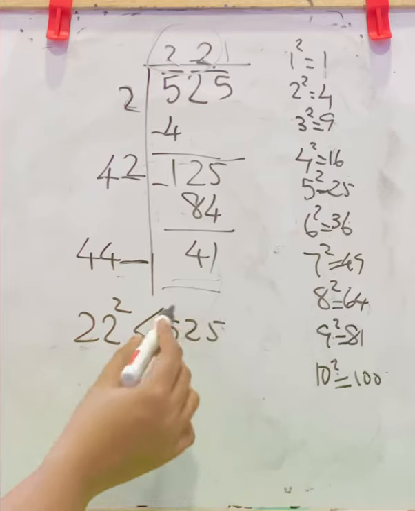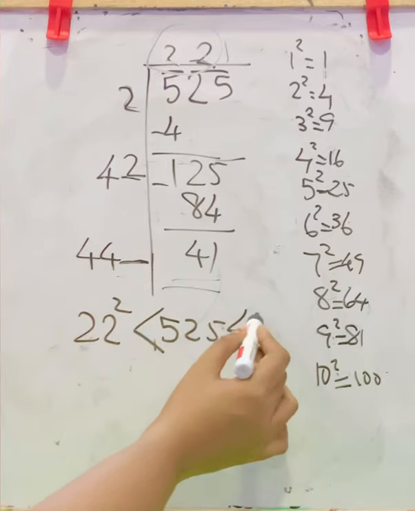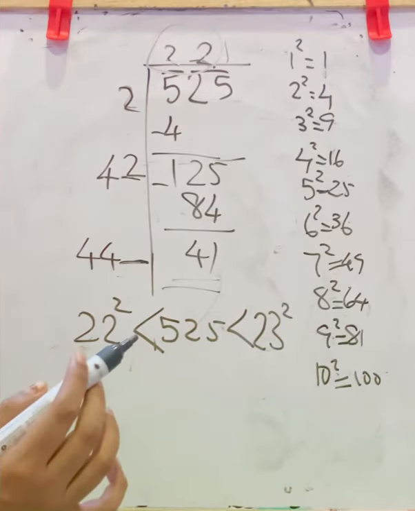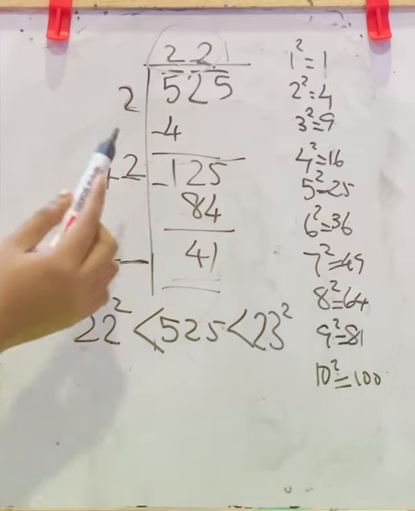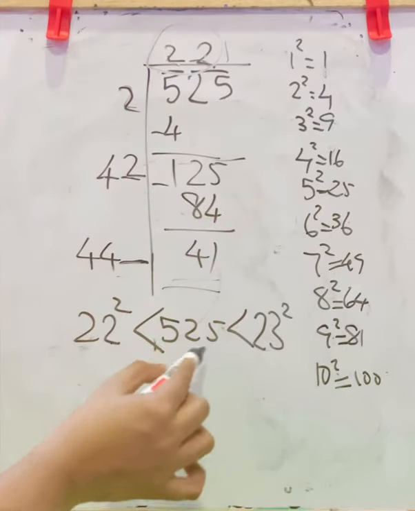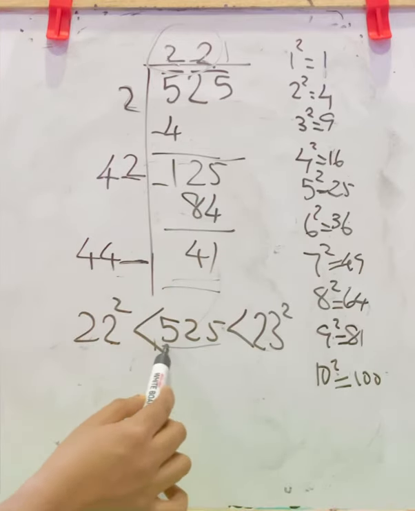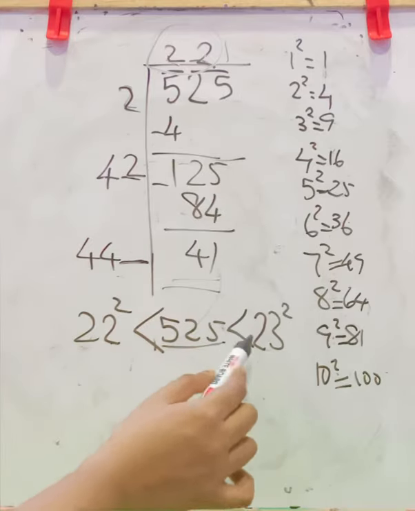This 525 lies between 22 square and 23 square. So 525 is not a perfect square, since it lies between 22 square and 23 square.